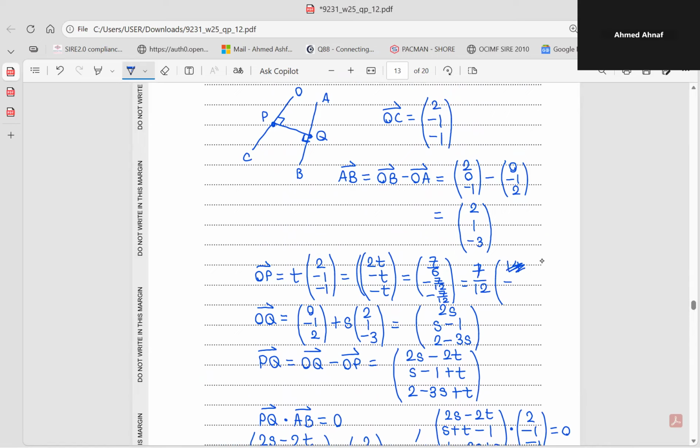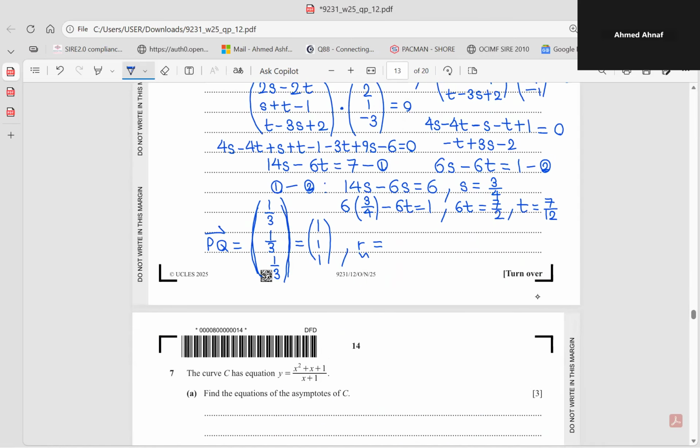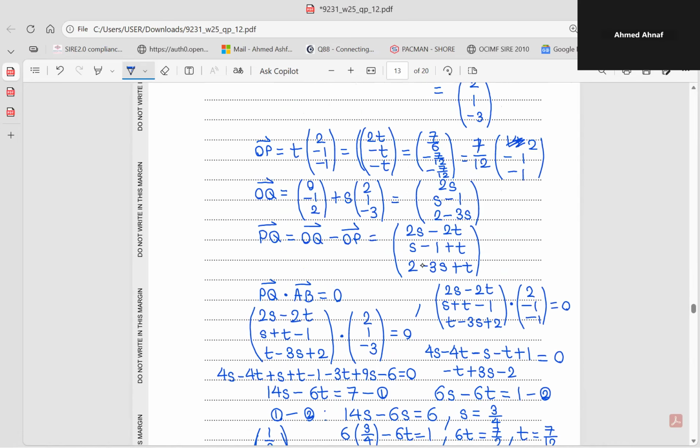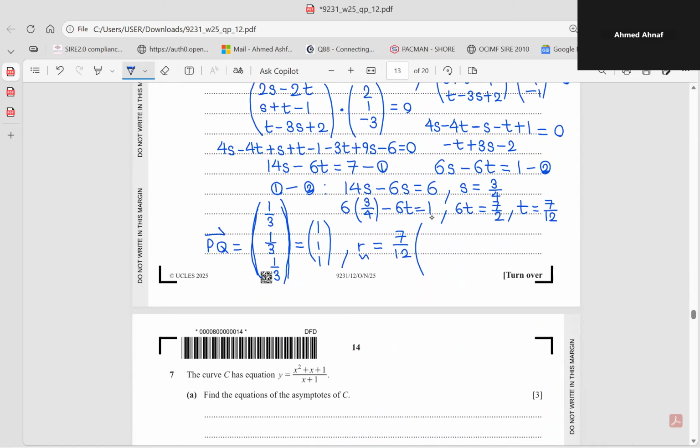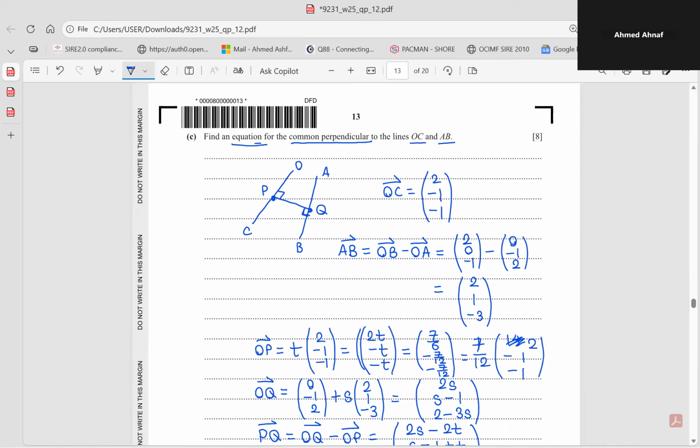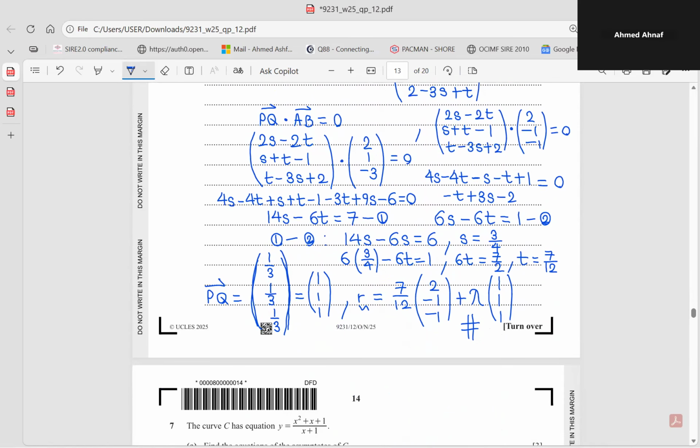Then you would get 2, negative 1, negative 1. So this is going to be 7 over 12 times (2, negative 1, negative 1) plus a scalar multiple times (1, 1, 1). So yeah, this would be our final answer for this last part as well as the entire question.